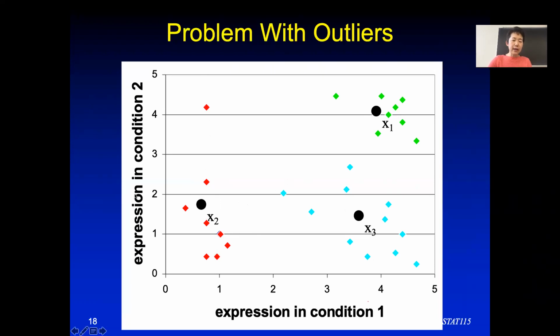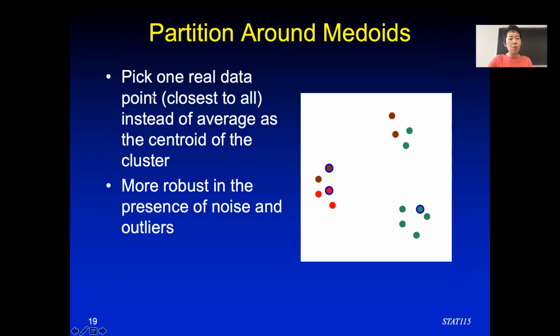So one way to get rid of this outlier is to pick one real data point that's closest to all of the other points, instead of calculating an average as the new center of the cluster.